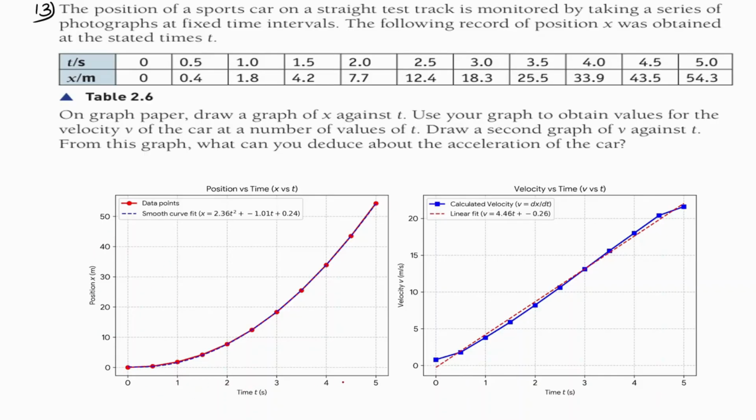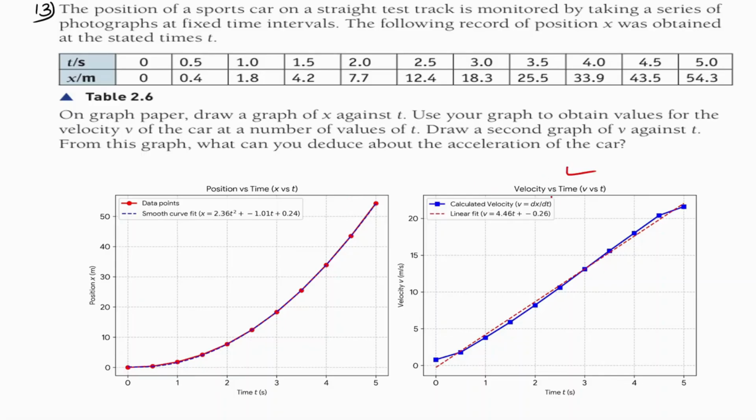So this is 1, 2, 3, 4, 5, and on the position axis you have 10, 20, 30, 40, 50. So you plot 0, 0, and then 0.5, 0.4. If you plot all the points, you just have to connect all these points.